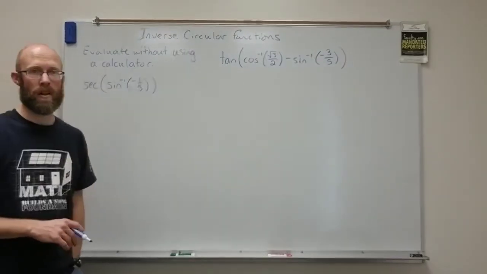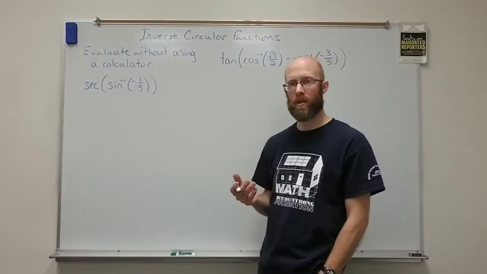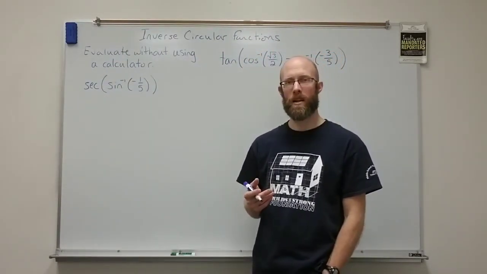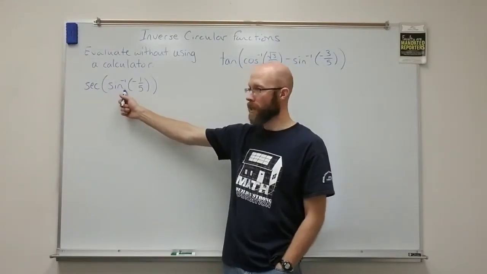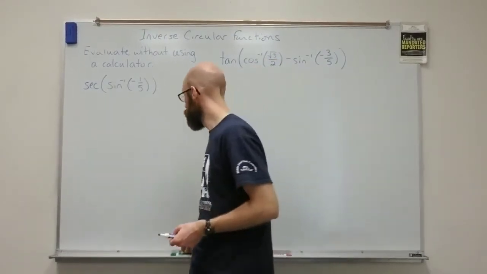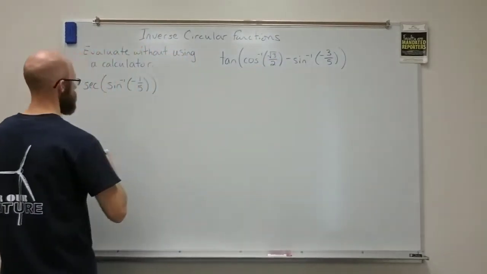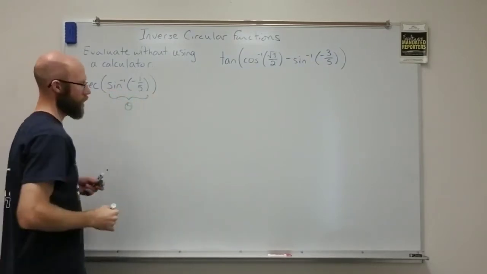Well, on this one, probably the most important aspect is to understand that the output from an inverse trig function is an angle, right? So this inverse sine of -1/5 is some angle. I'm going to call it theta.